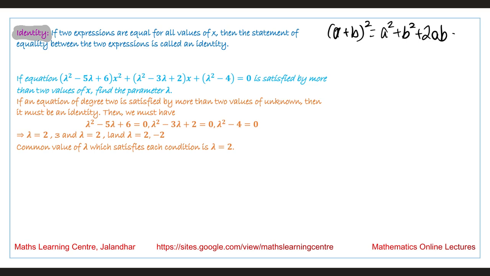Then we can see that we have two parts of this expression: the left hand side and the right hand side. The equality between these two expressions holds for all values of a and b. So this kind of expression is called an identity.